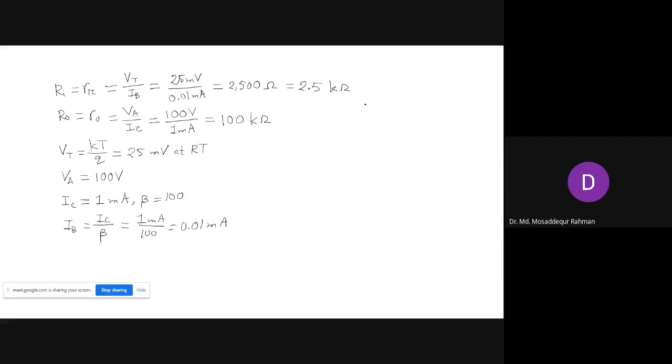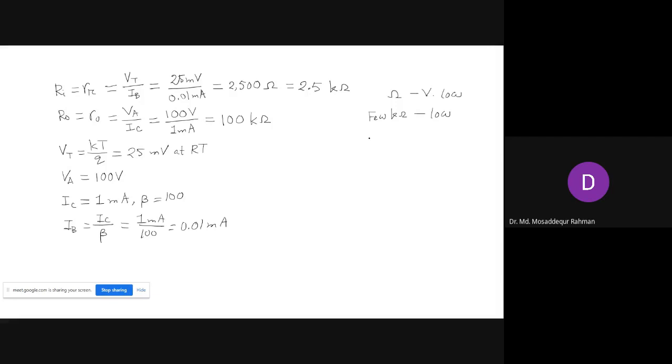Now in electronic circuits, the resistances are usually given in kilo ohms, because ohm is very low for electronic circuits. So if resistance is in the range of ohms, it is considered very low. If it is a few kilo ohms, it is also considered low, not very low, but low.